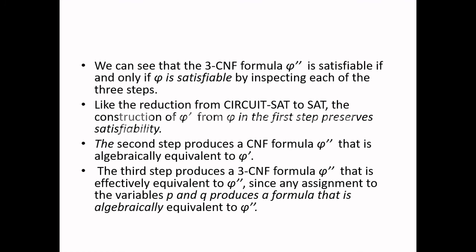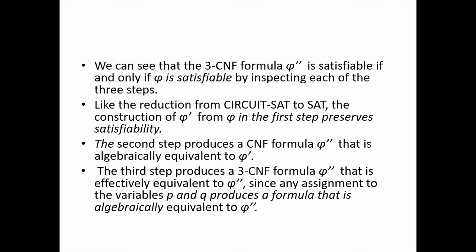Then we take each clause, and corresponding to each clause we construct a truth table, and from the truth table we take the truth assignments corresponding to the 0 output, and we convert that into a formula, which we can call a DNF, that is OR of ANDs. We get an OR of ANDs corresponding to these 0 values.